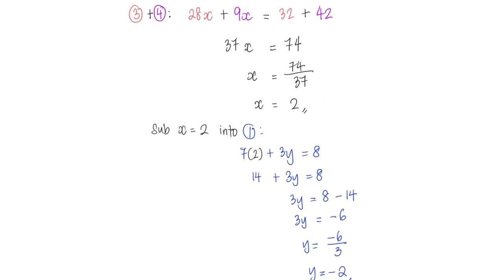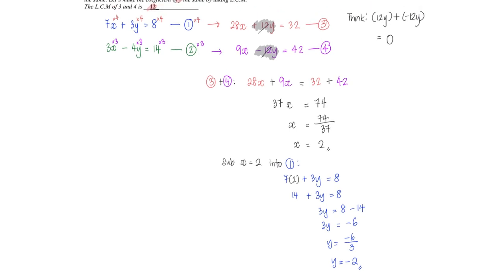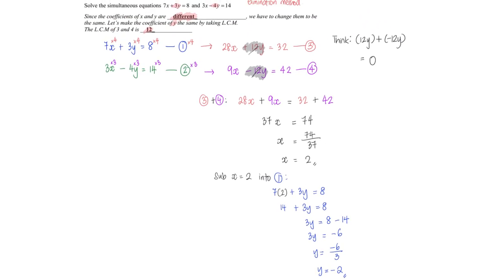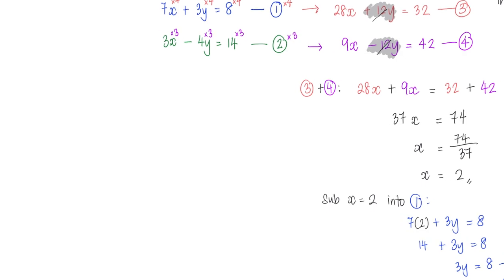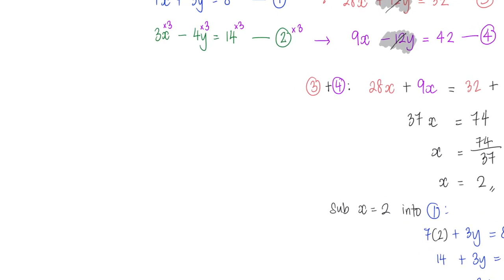Lastly, now that I have x equals 2, y equals negative 2, it is good practice to now substitute back into one of the equations, equation 2 or even 4 of the equations up there, just to make sure that it can satisfy the equation. Then we confirm it is correct. Okay, I'm going to substitute into equation 2 just to check. Okay, so the check is here.